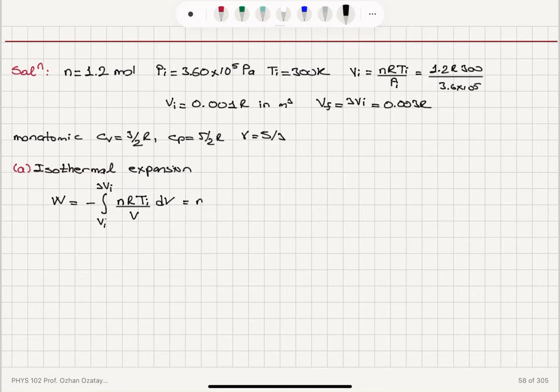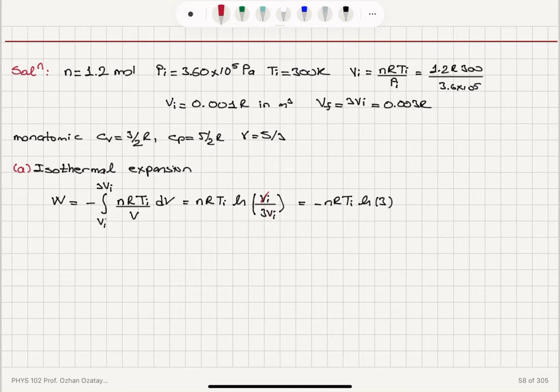Because of the minus sign, instead of having the natural logarithm of 3 V initial over V initial, we have V initial over 3 V initial. And this gives us minus nRT initial natural logarithm 3, because the natural logarithm of 1 over 3 is minus the natural logarithm of 3. Here I have cancelled the initial volumes.